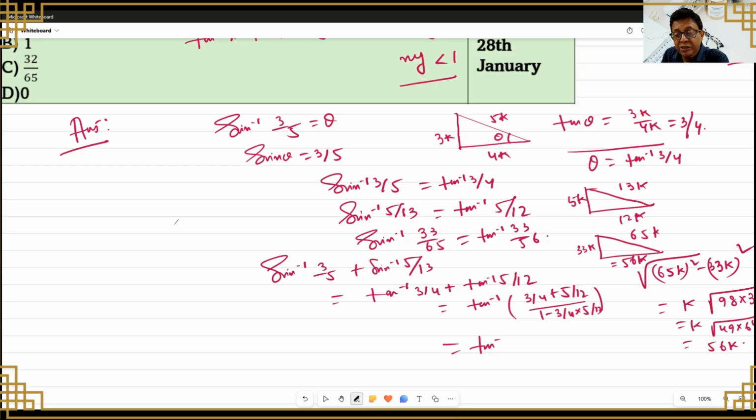So this is changed to, 12 is the LCM. So it will be 3 into 3, 9 plus 5, that divided by 48 minus 15 by 48. So this is 14. 14 into 4, 56, that divided by 33. Rest get cancelled.